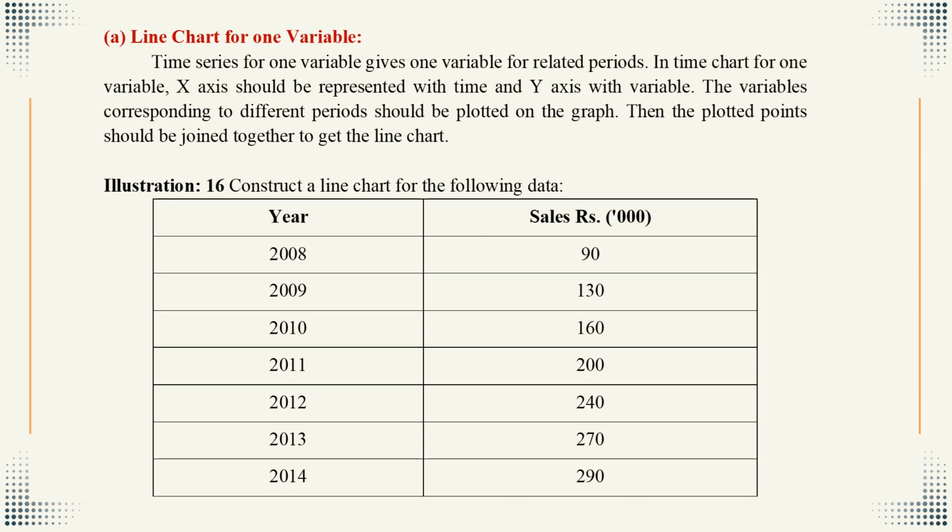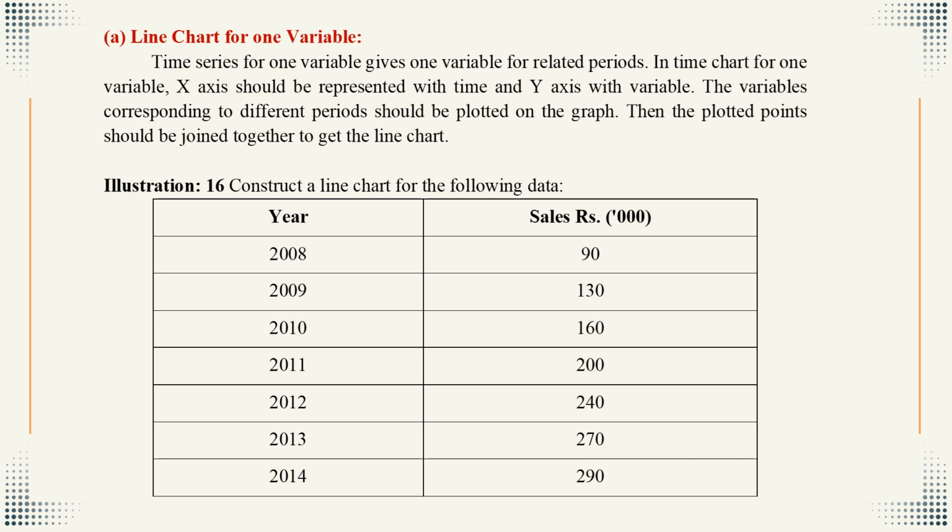Now let us study the line chart for one variable. A time series for one variable gives one variable for later periods. In a time chart for one variable, the x-axis should be represented with time and the y-axis with variables. The variables corresponding to different periods should be plotted on the graph.